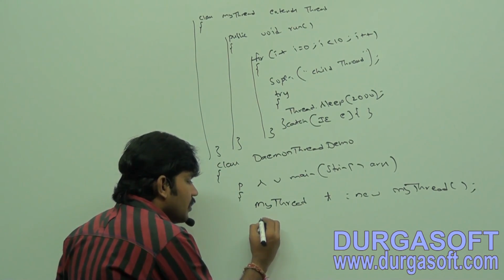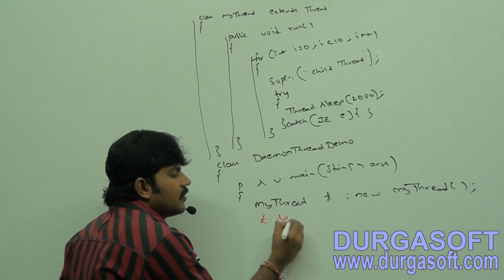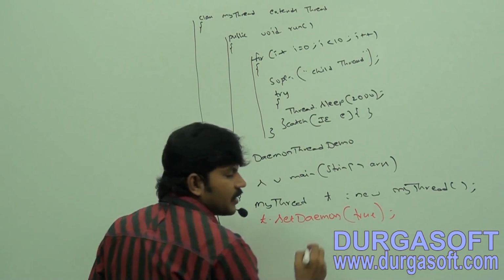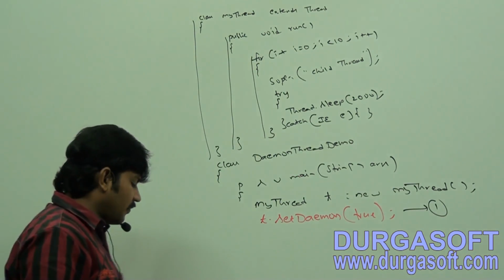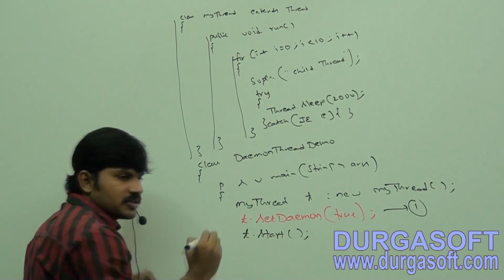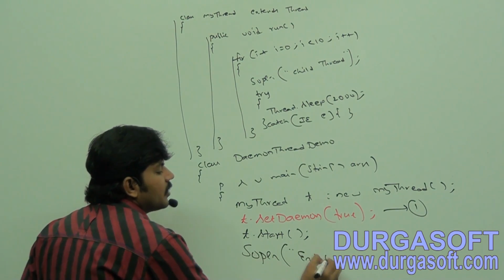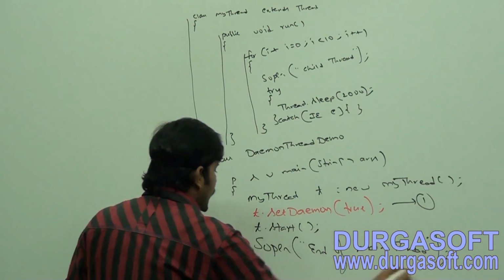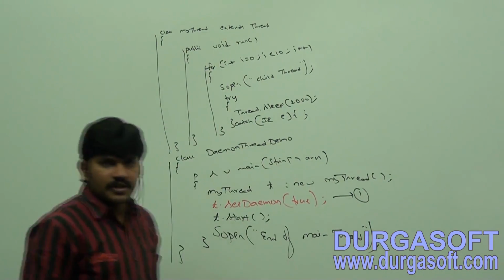The way is t.setDaemon(true). Assume this is line 1; I will explain that part later. After that, t.start(). Now System.out.println("end of main thread").